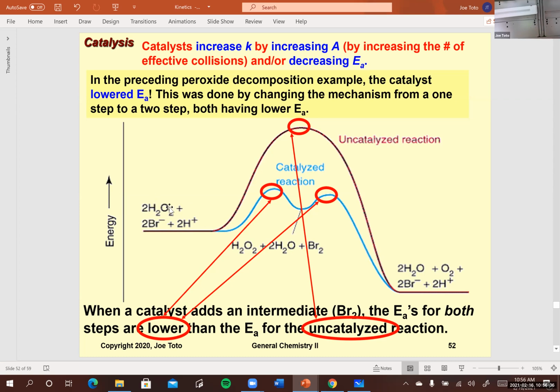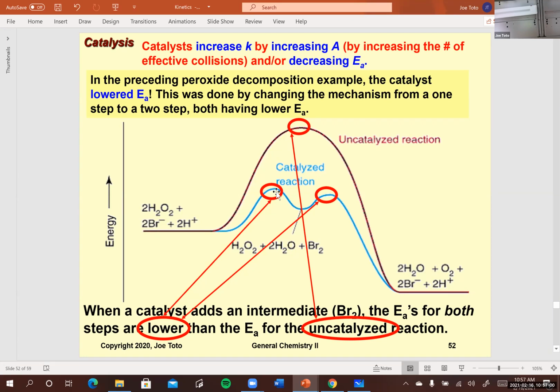I start out with these reactants and catalysts here, and I see that for the catalyzed reaction, the activation barrier is reduced, and it goes from a one-step mechanism to a two-step mechanism with two different activation barriers.